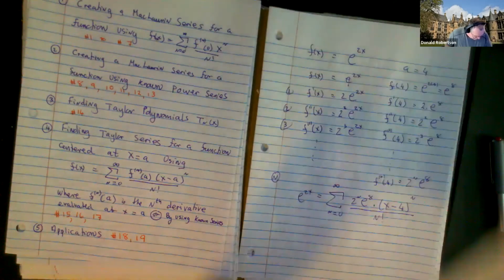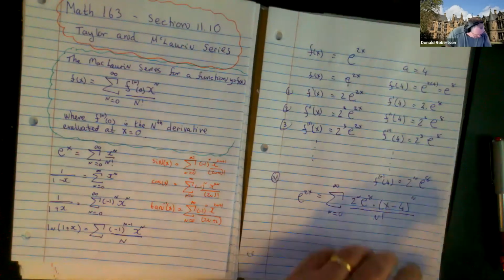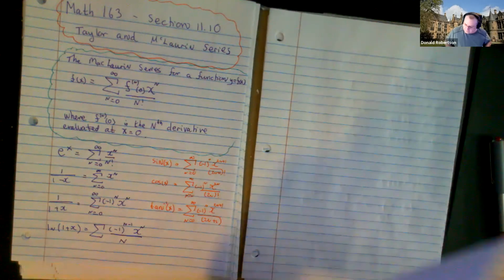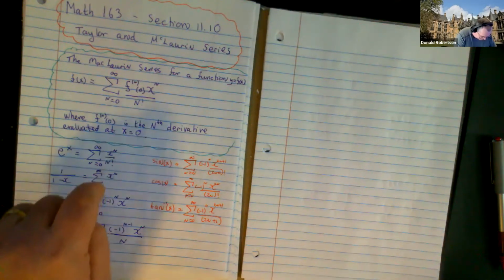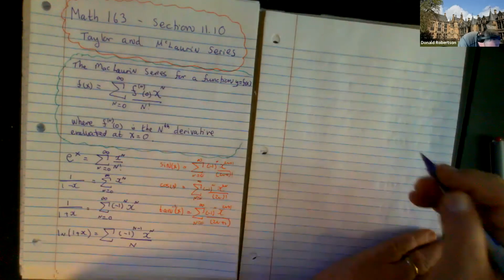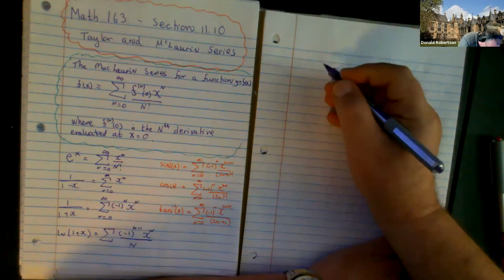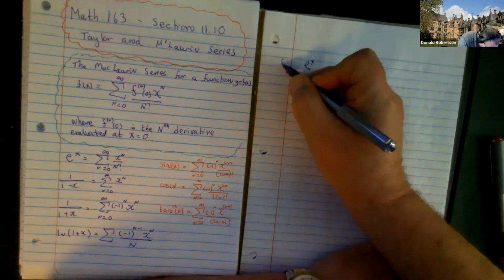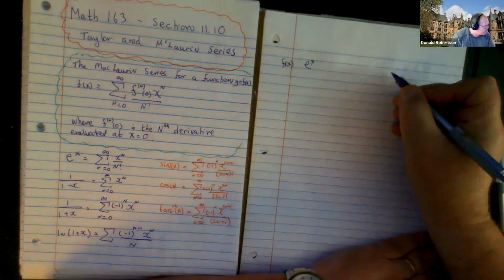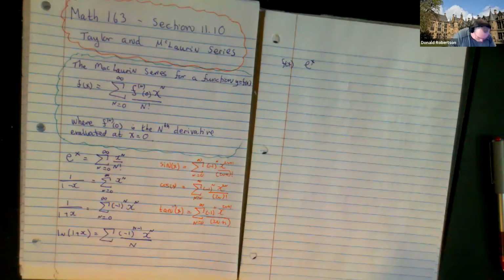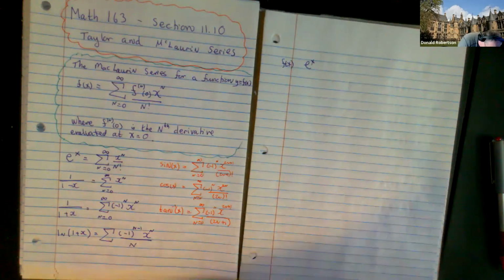Now, how to find Taylor series by using these guys. Okay. So, suppose I wanted to do a Taylor series of this function, and I wanted it to be centered at 1.